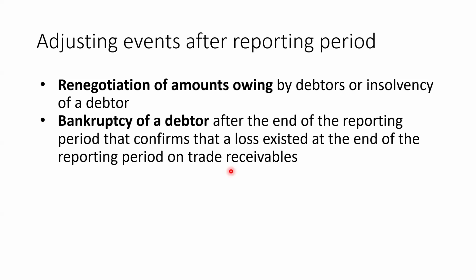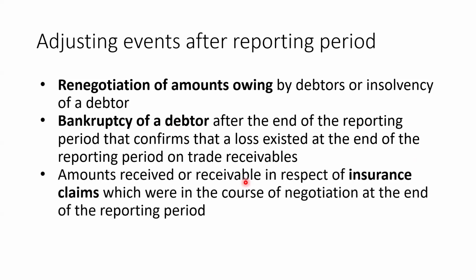Is that okay? So having the information that this debtor has gone bankrupt should tell you to go back and adjust the debtor's figure, declare their debt as bad, or increase the provisions for your doubtful debt and all that. Is that okay? So bankruptcy of a debtor right after the end of the reporting period is an adjusting event.